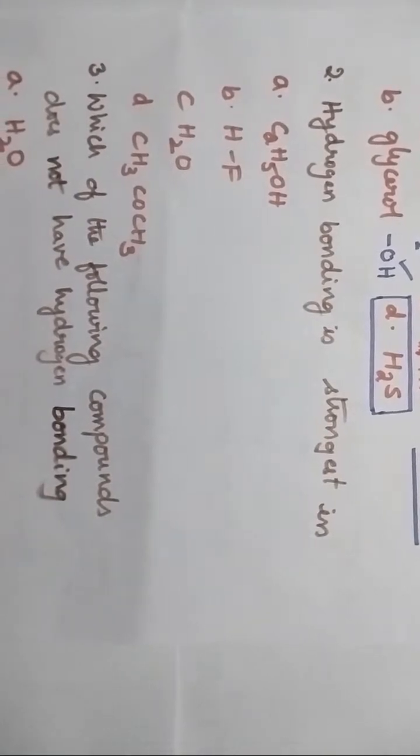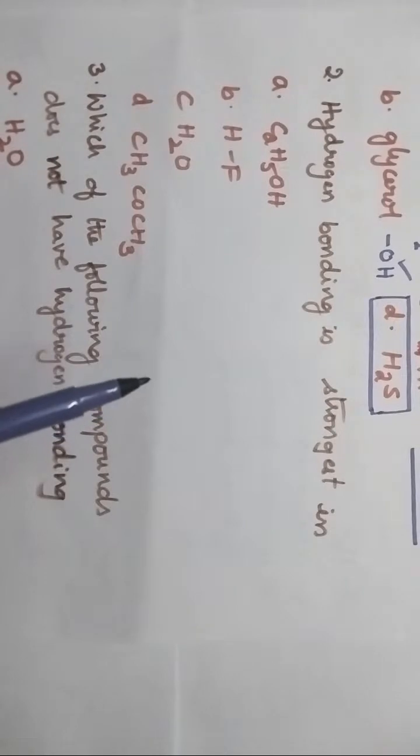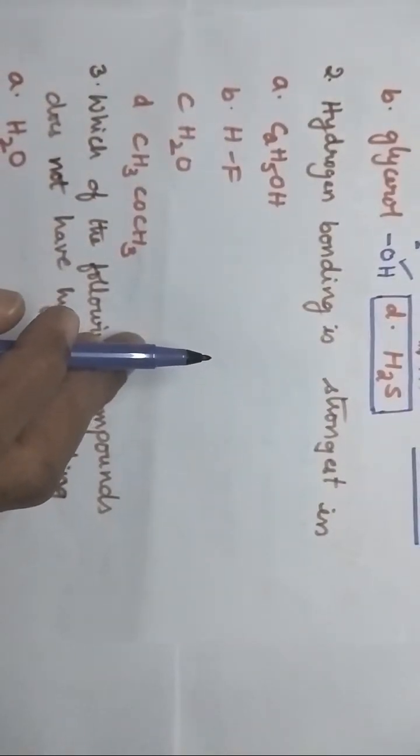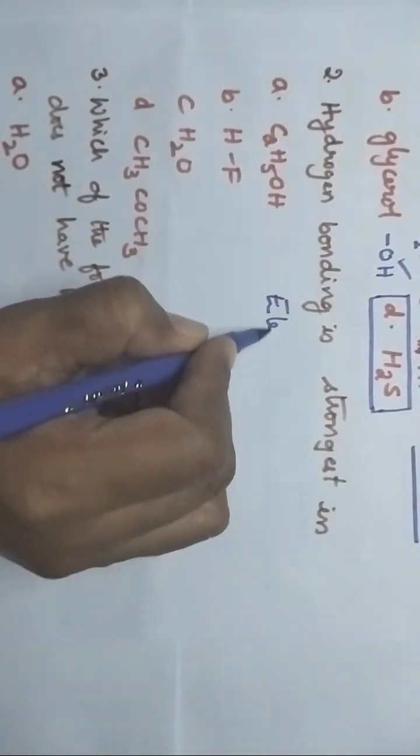Hydrogen bonding is strongest in. So in which of the following compounds hydrogen bonding is strongest? So the nature of the hydrogen bonding especially depends upon the electronegativity.